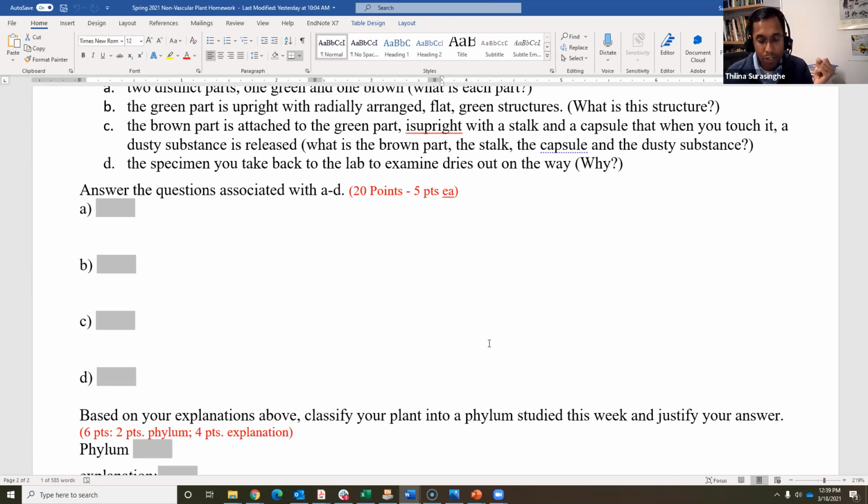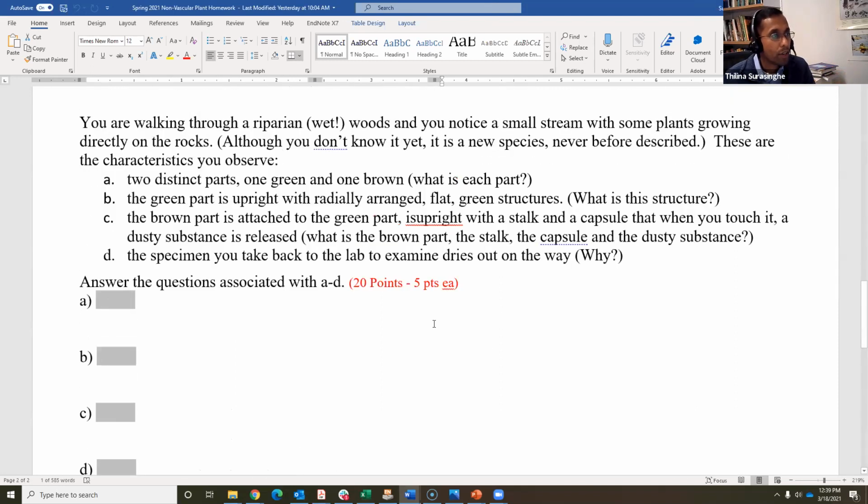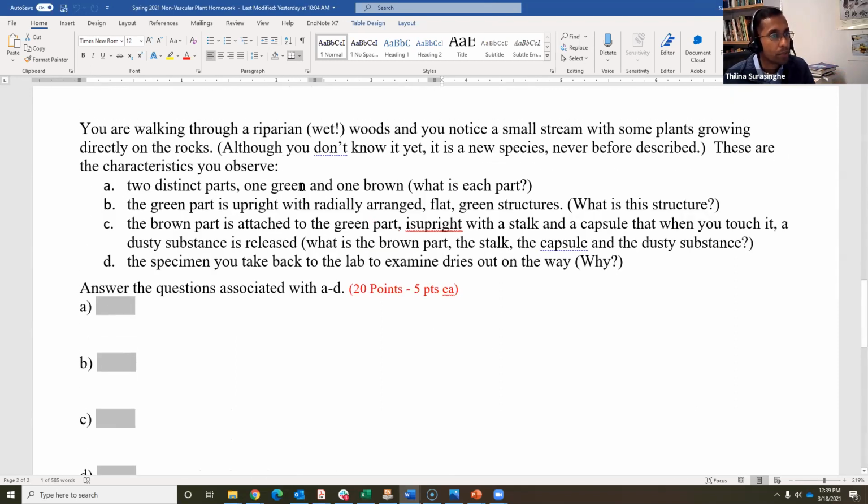And the specimen you take back to the lab gets dried out. So it also tells you they must have either no cuticle or a very thin cuticle, very dependent on wet environments. So based on those characteristics, you can describe the parts, the green part, and you can describe what the two distinct spots are.